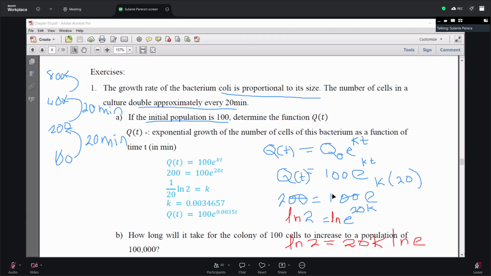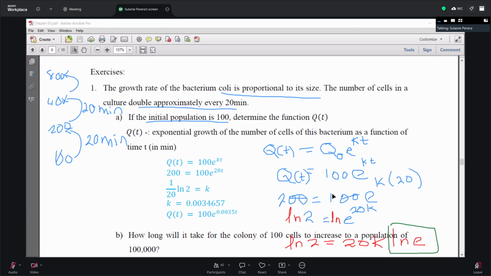What is the value of ln e? We learned last class. Who can remember? Natural log of e, what is it equal to? That is the value of e, no?